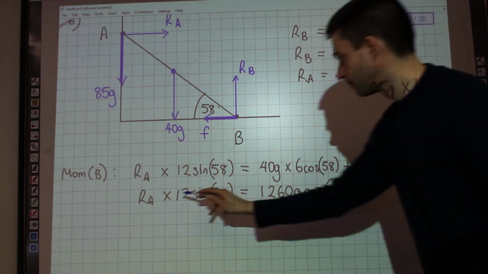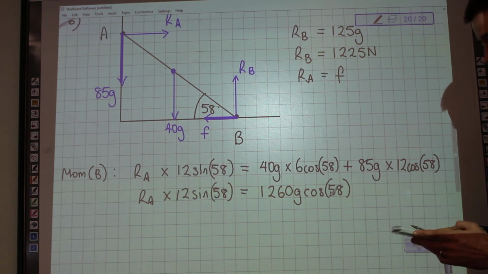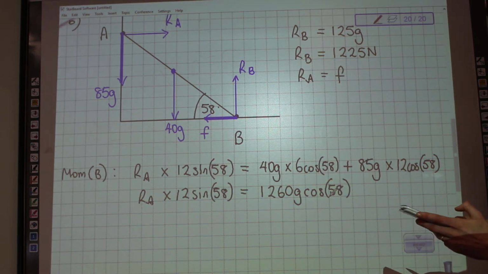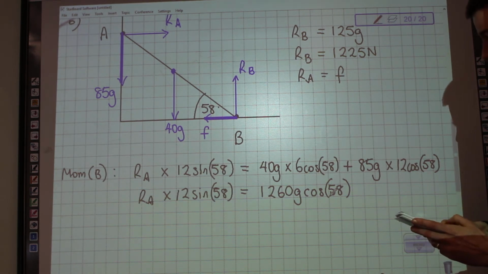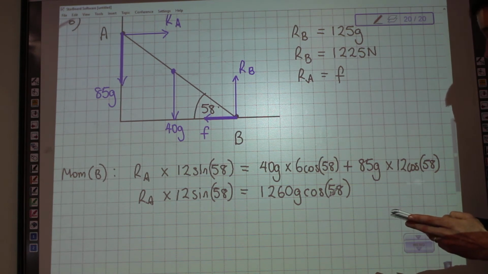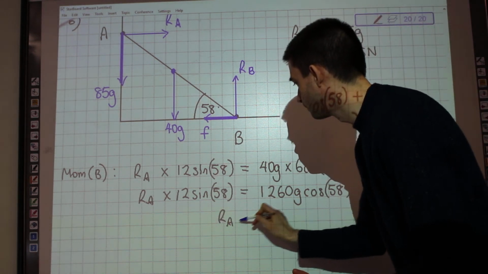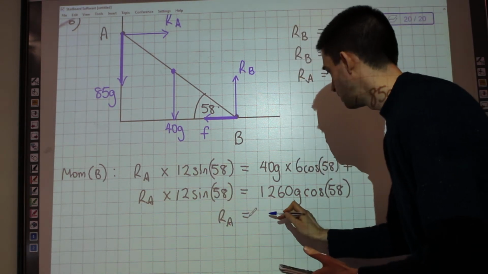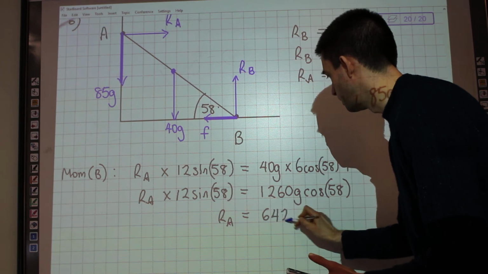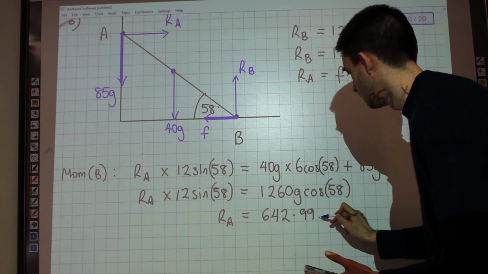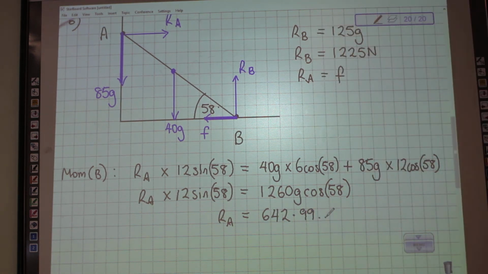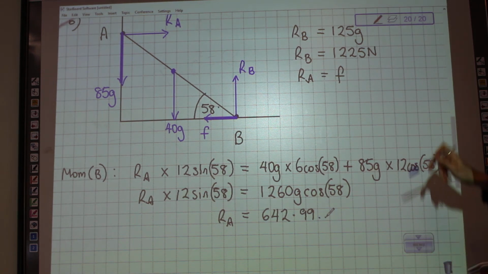That's a number, so I'm going to do that number there, 1260 times 9.8 times cos 58, divide it by 12 sine 58 to get my reaction at A to be 642.99. I'm going to store that in my calculator because I'm going to need that in a minute.